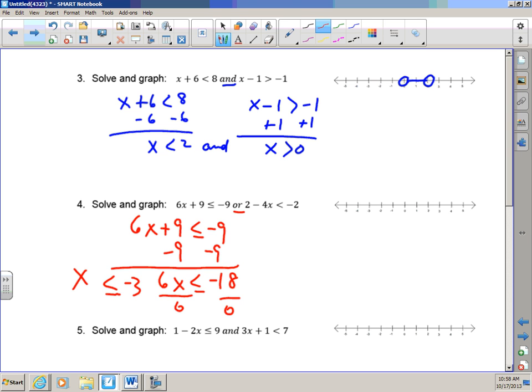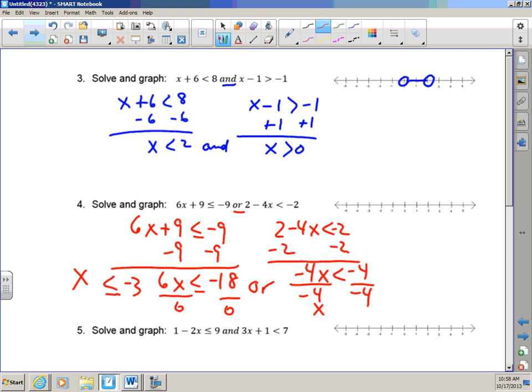X is less than or equal to negative 3, or... hopefully you are remembering that when you divide or multiply by a negative, you have to flip the inequality symbol. So here I get x is less than or equal to negative 3, or x is greater than 1.